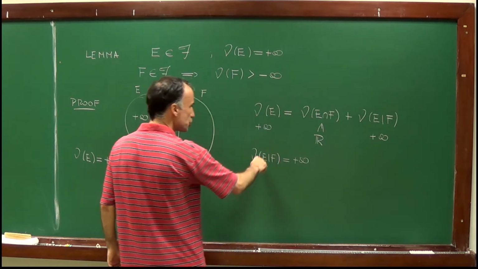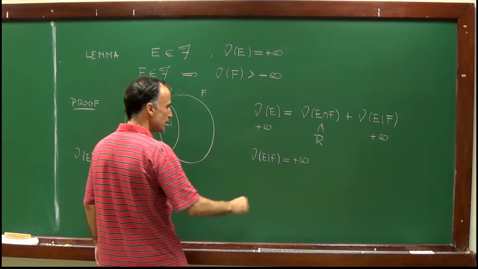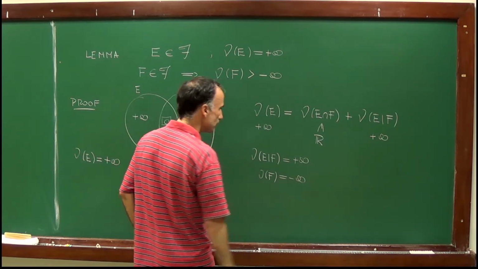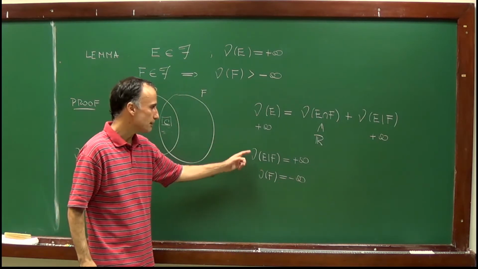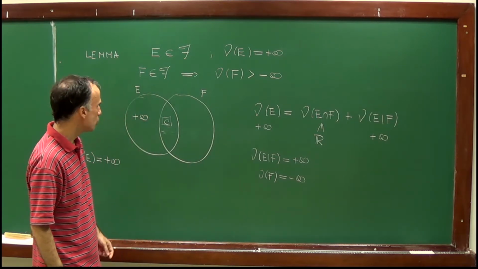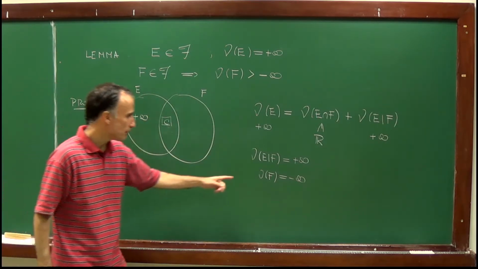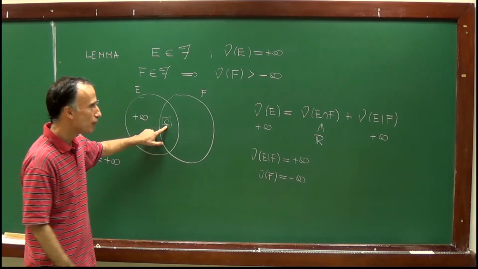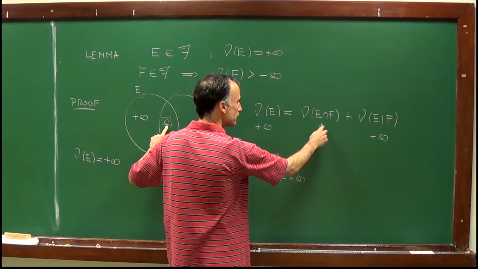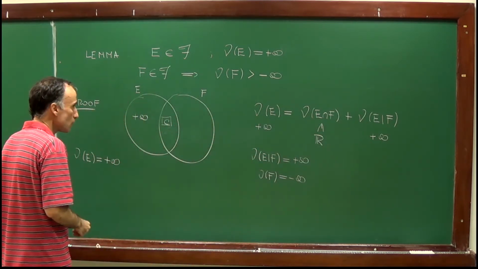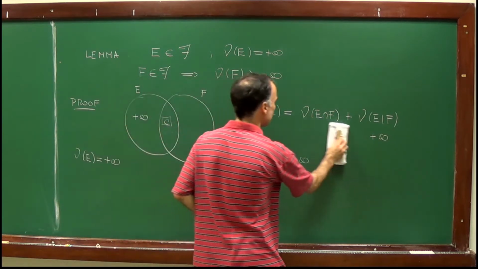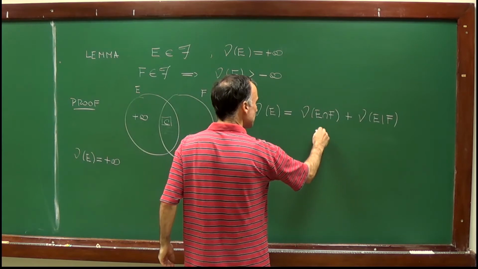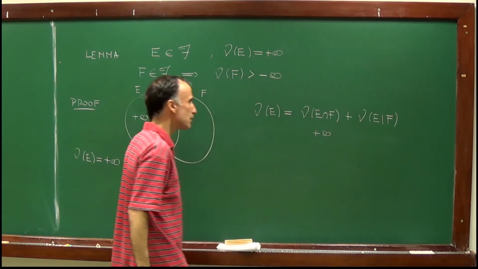Since F is disjoint from E minus F, we can't have nu of F equal to minus infinity, because we have seen that as a remark before. So this proves that nu of F cannot be equal to minus infinity if the measure of E intersection F is a real number. So let's consider the last case, the case in which the measure of E intersection F is equal to plus infinity.